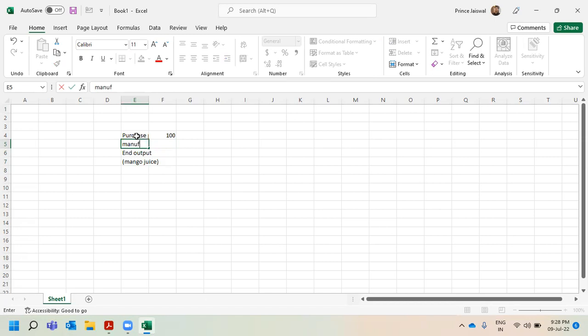The manufacturing cost is basically the conversion cost. We have incurred a conversion cost of say 50 rupees. So what is my end output value? This plus this. I'm assuming we have not incurred any loss while manufacturing.